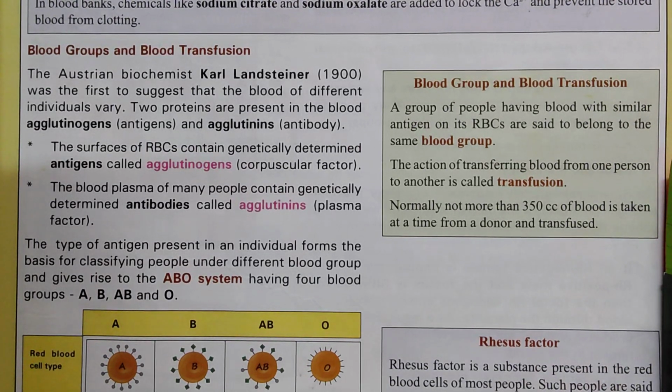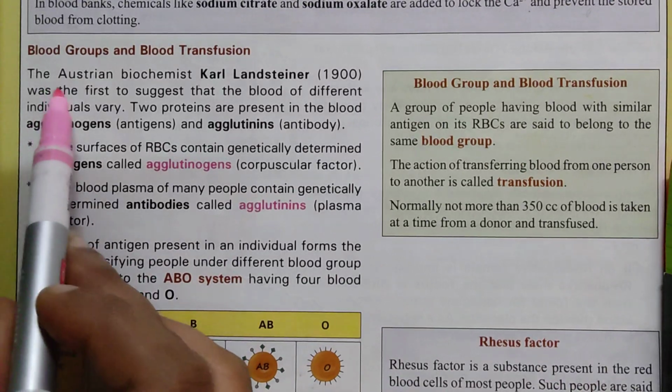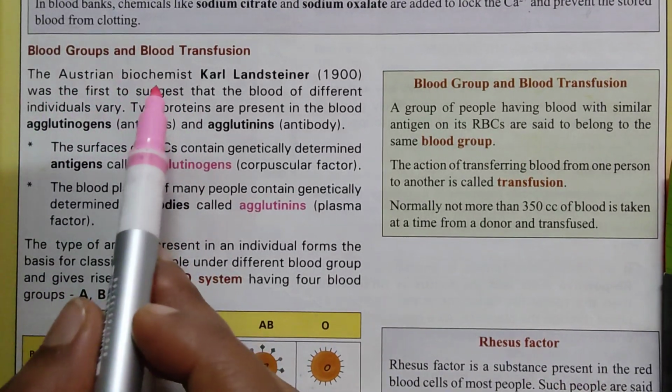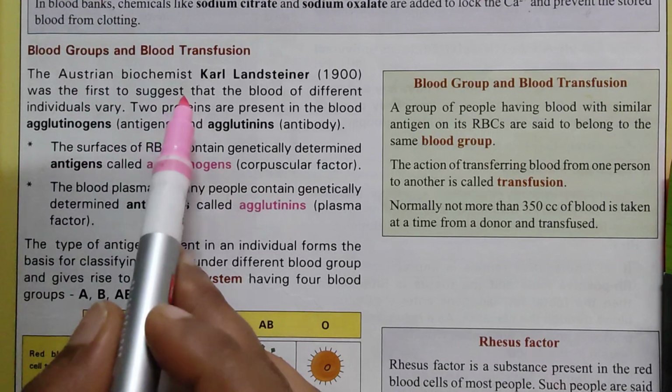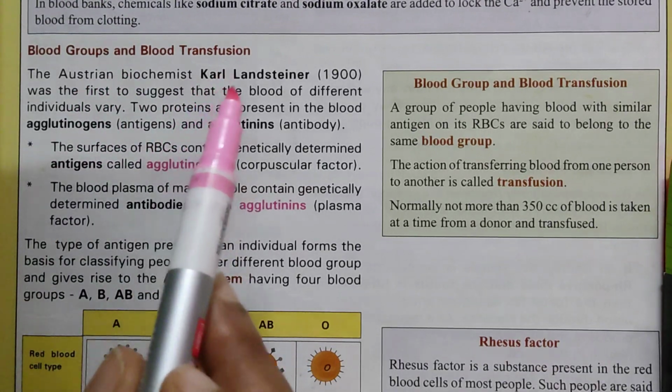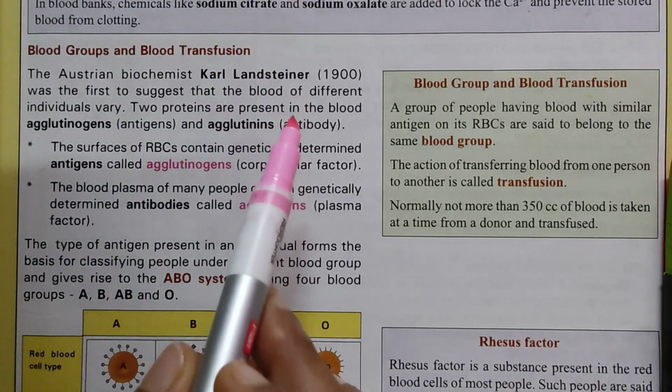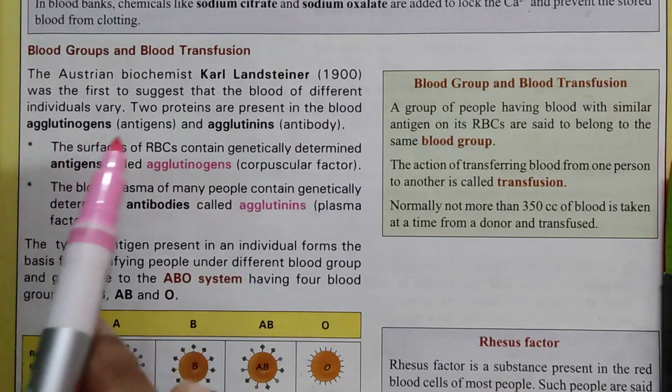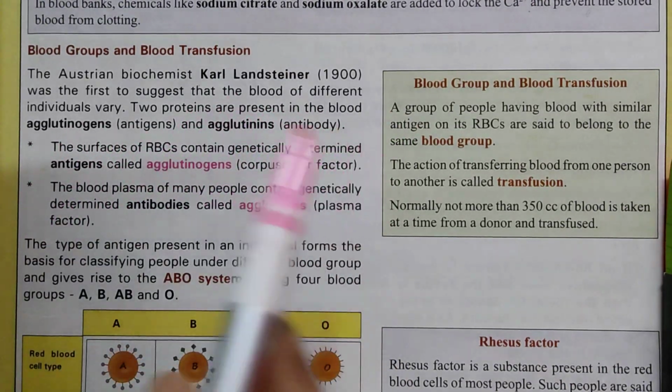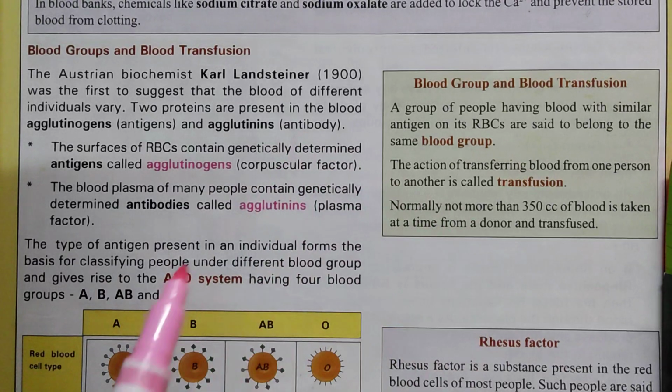Now, first of all, let's read that the Austrian biochemist Karl Landsteiner, in 1900, was the first to suggest that the blood of different individuals varies.